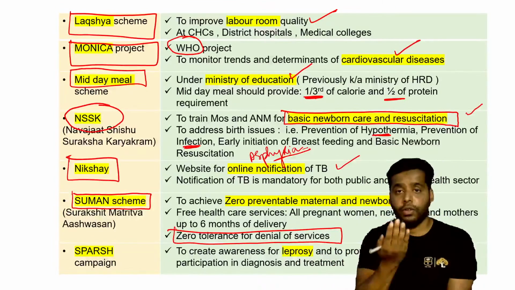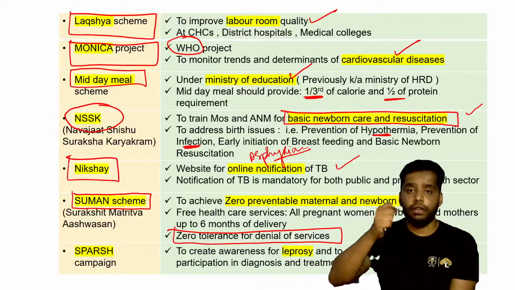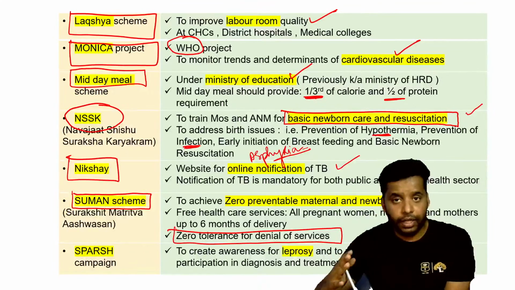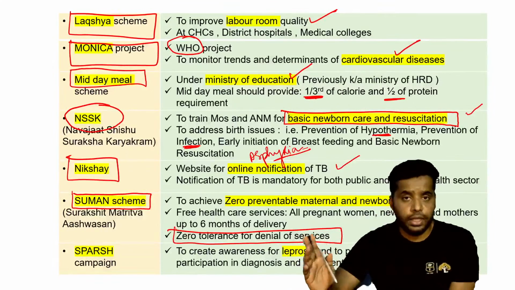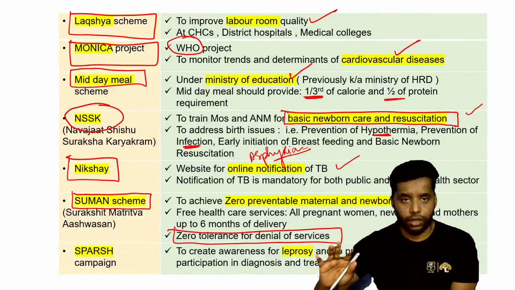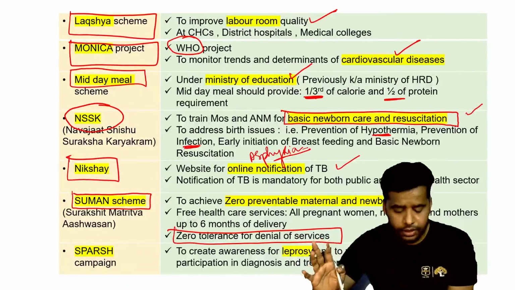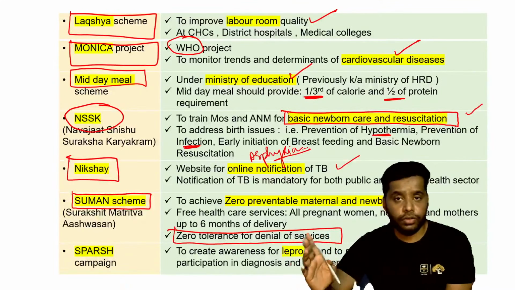At the same time, if the services are not given, they are giving a call center number, a grievance redressal mechanism. When a complaint is registered through the call center number, that is called the zero tolerance policy. Zero tolerance policy is one of the important components of the Suman scheme.